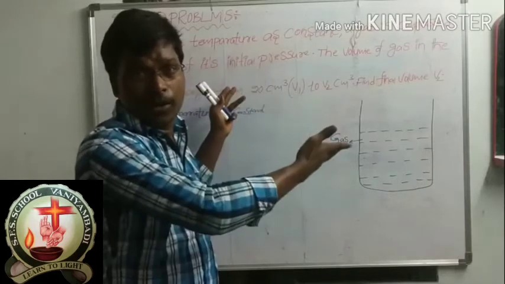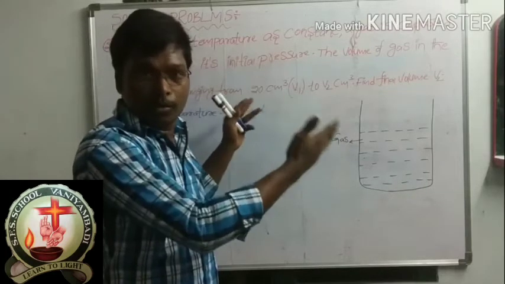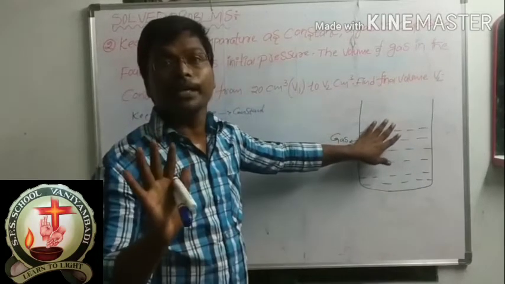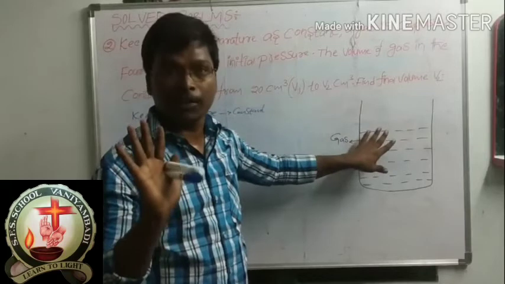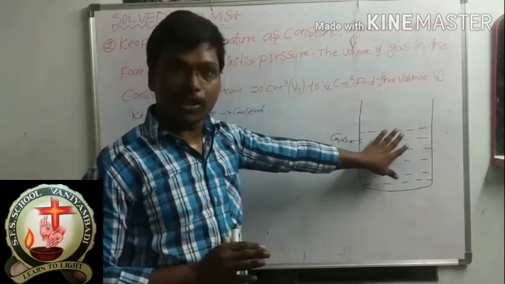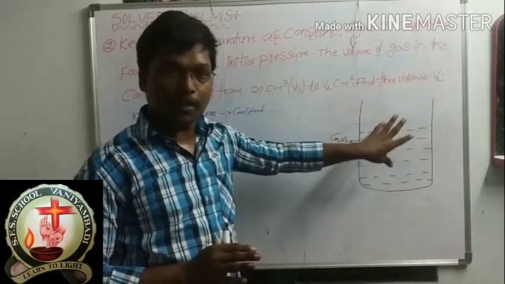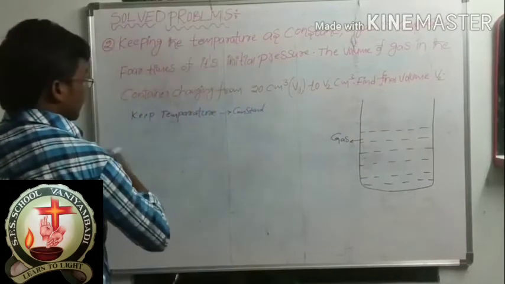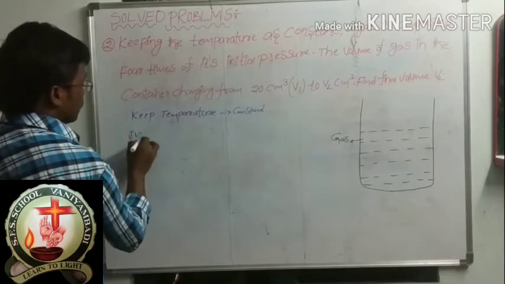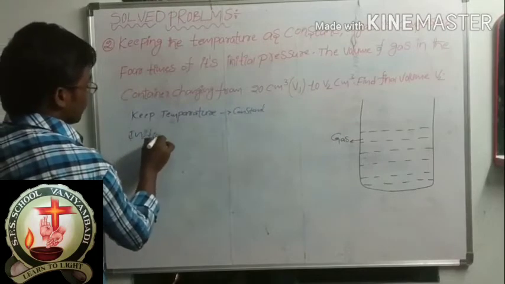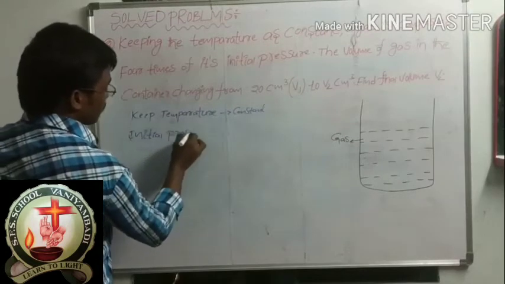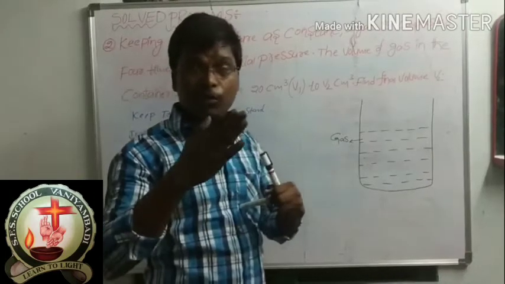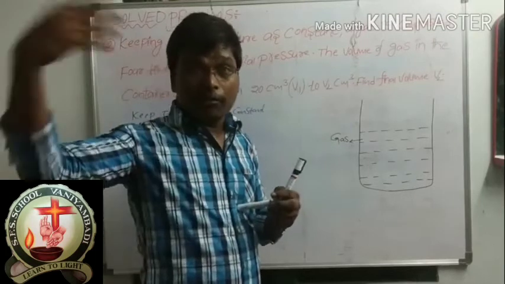So what we have to do is take the initial pressure of the container as P. Usually initial we indicate as 1, final as 2.